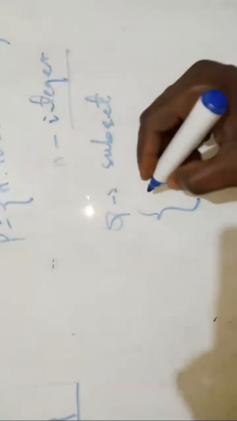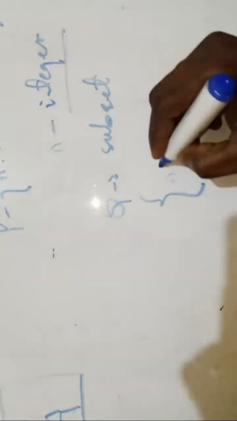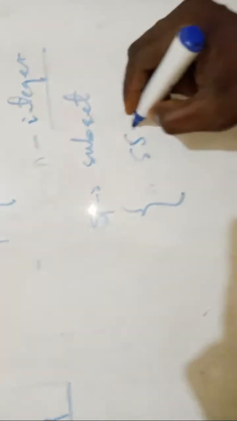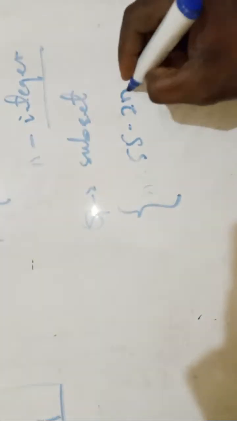Now, here's the condition. We have our n, so that's 55 minus 2n greater than or equal to 25.